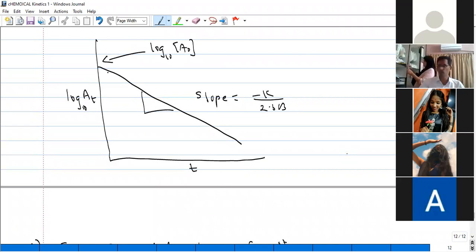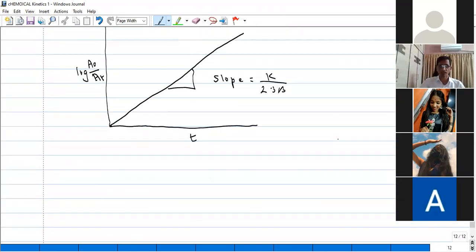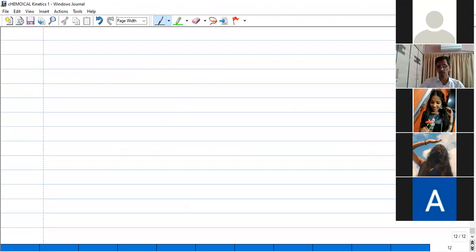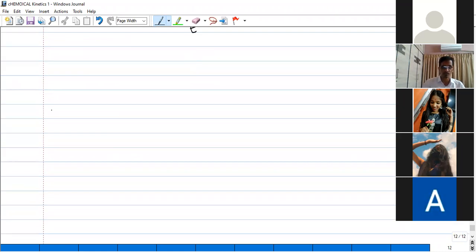Now we are going to see zero order reaction. What is a zero order reaction?